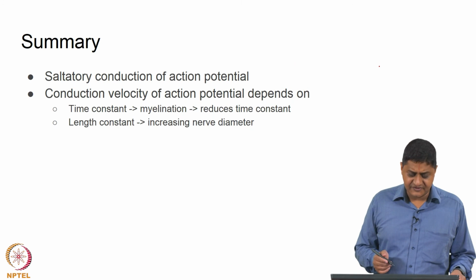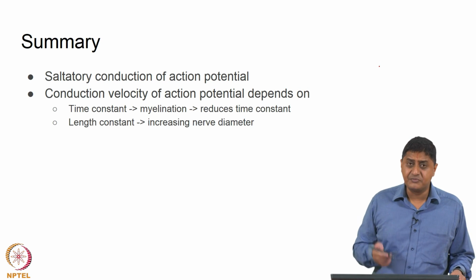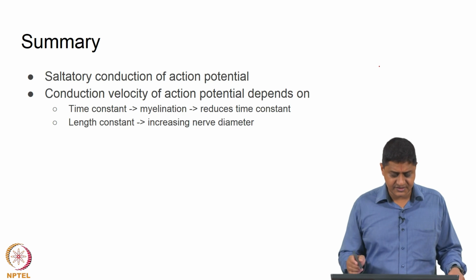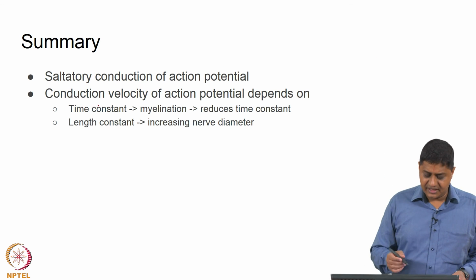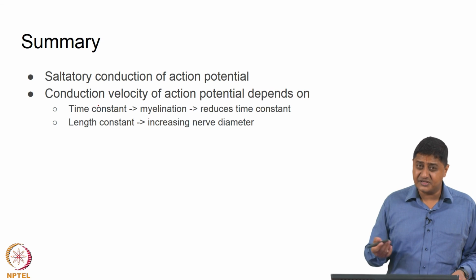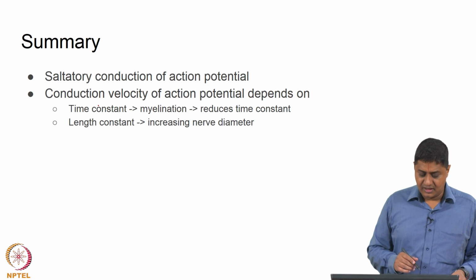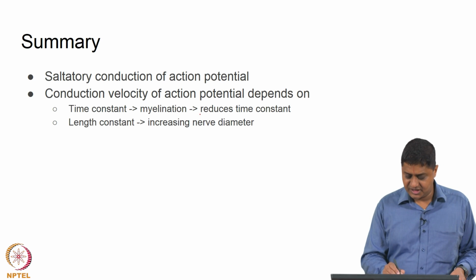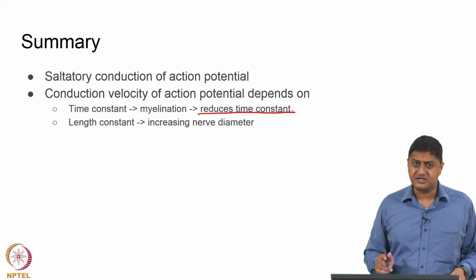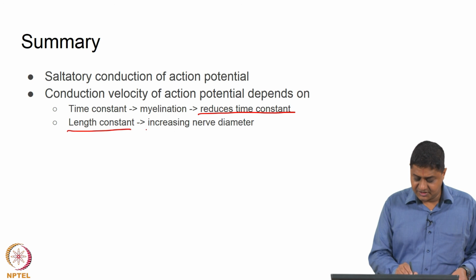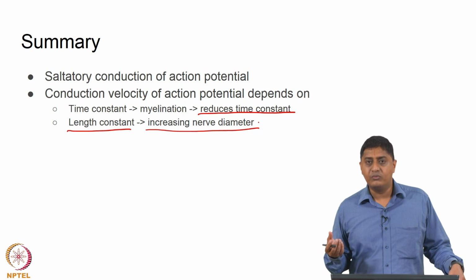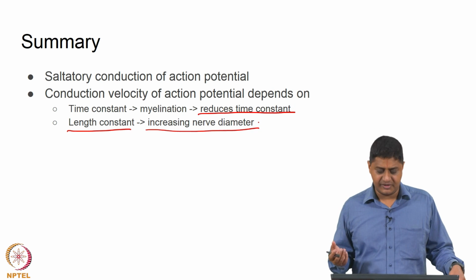So, in summary, what we have seen is that action potential is conducted through saltatory conduction in myelinated axons, and the conduction velocity depends on time constant and length constant. Myelination reduces the time constant, and the length constant is increased by increasing nerve diameter, but there are limitations as to how much you can increase the nerve diameter.